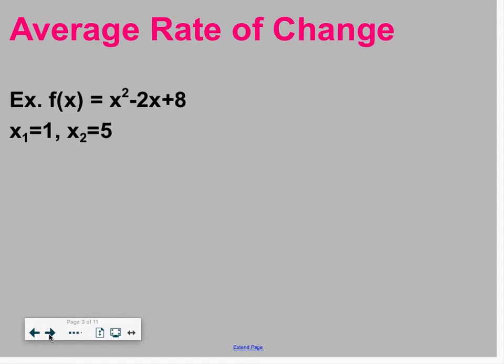All right, so here's our first example. If you go ahead and write down the function and then write down the x values.